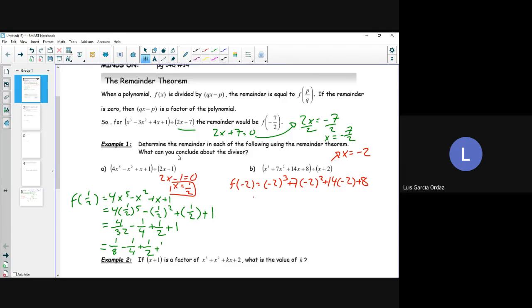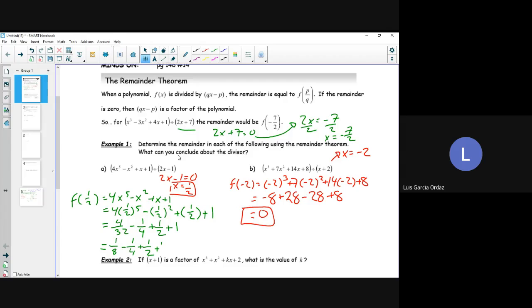So what's -2 to the power of 3? -8. What's 7 times -2 squared? 28. Minus 28 plus 8. And when we simplify those numbers together, what is the result? 0.